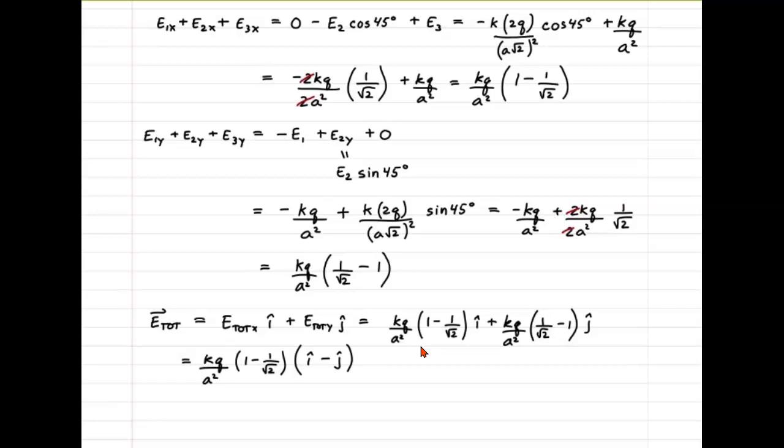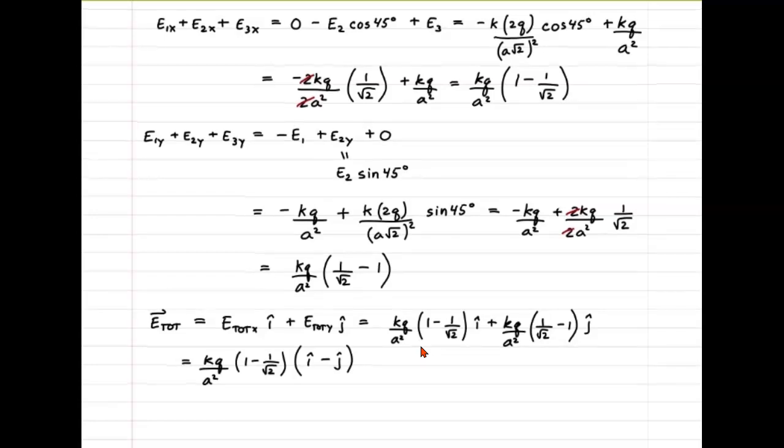Now, we know that this expression is positive, right? Everything is assumed positive. This expression is positive because 1 over root 2 is 0.7. 1 minus 0.7 is a positive number. And then what we have is two components, one going to the I direction and the other going to the negative direction.